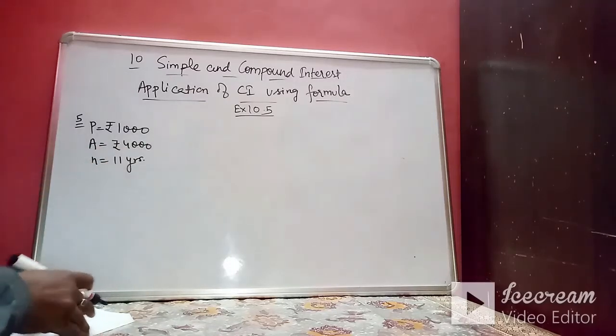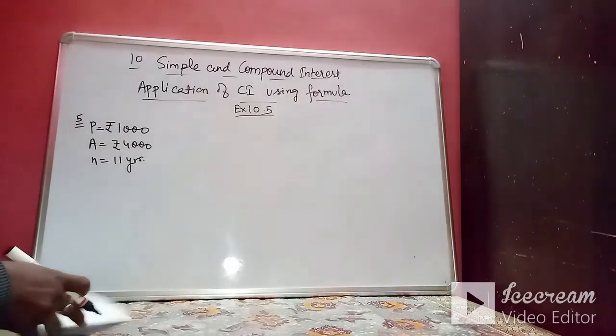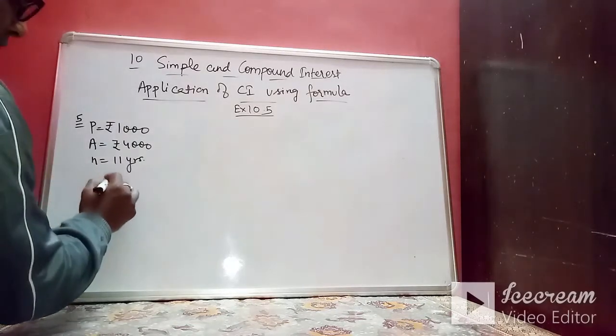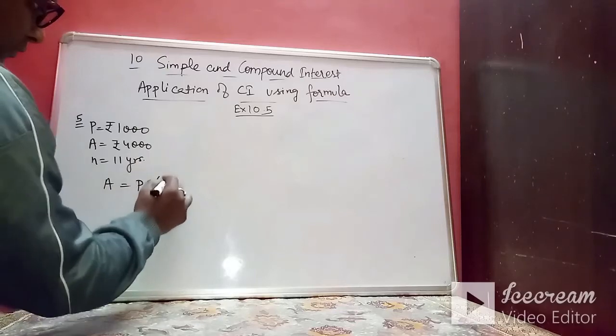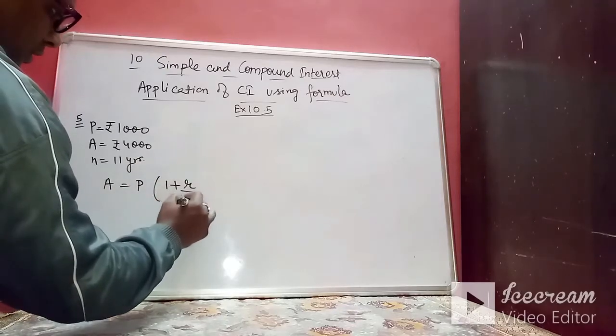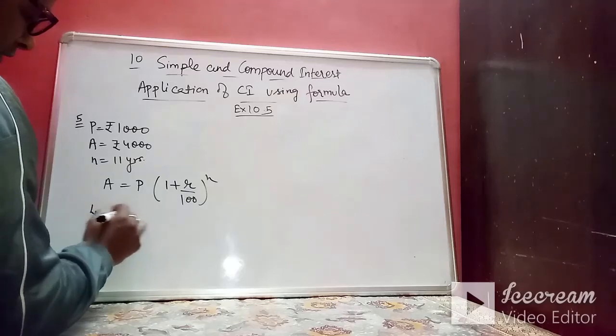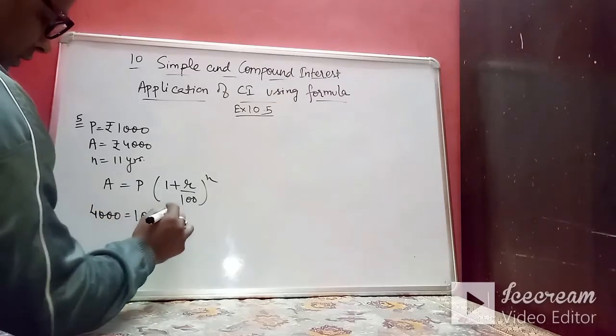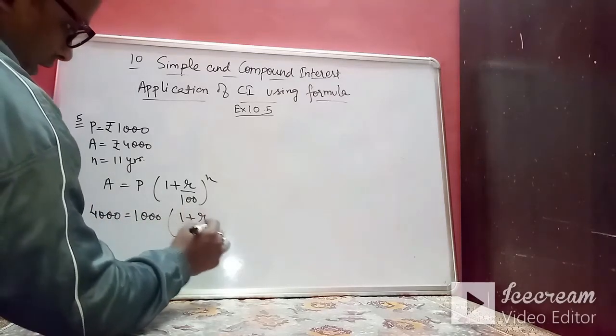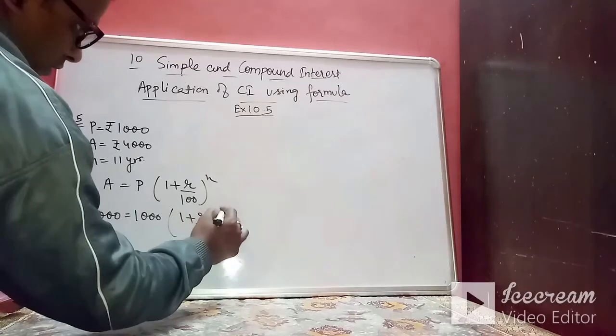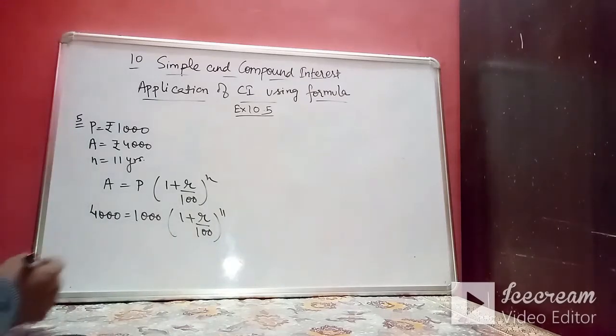We have to calculate the rate of interest compounded annually. So A equals P into (1 plus R upon 100) to the power n. It is 4000, it is 1000, (1 plus R upon 100) to the power 11.